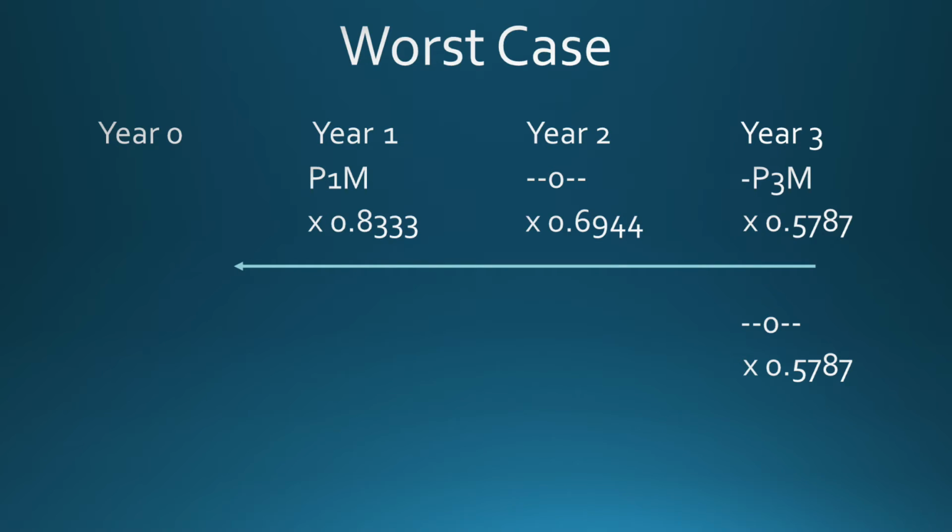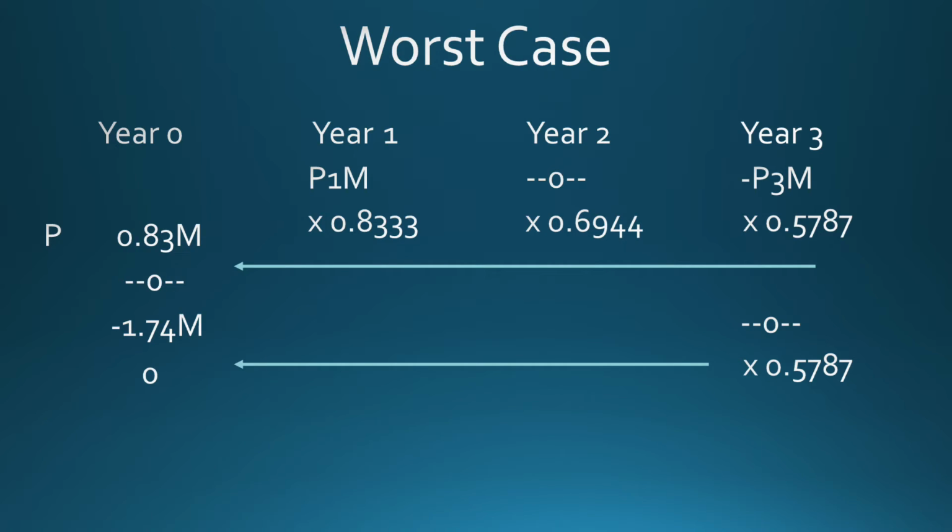We would have the following present values: 0.83 million, 0, negative 1.74 million, and 0 respectively. This would give us an enterprise value of negative 0.91 million under the worst case scenario.